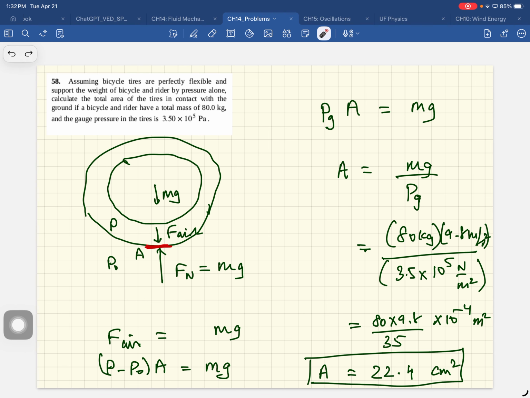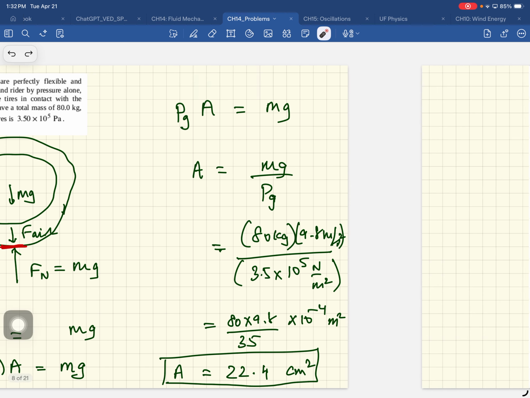Input force. What Mr. Pascal says: if you increase the pressure in an enclosed fluid at any location, you increase the pressure by that much, input force divided by input area.